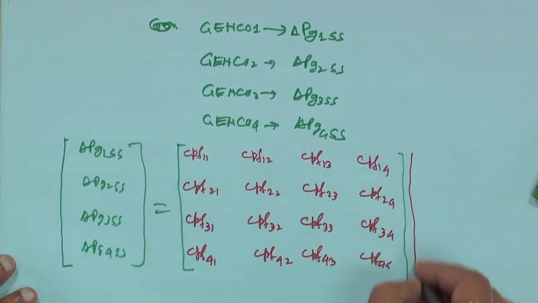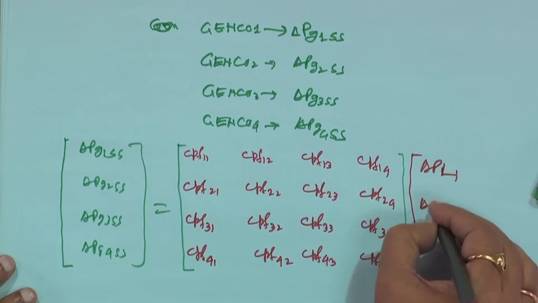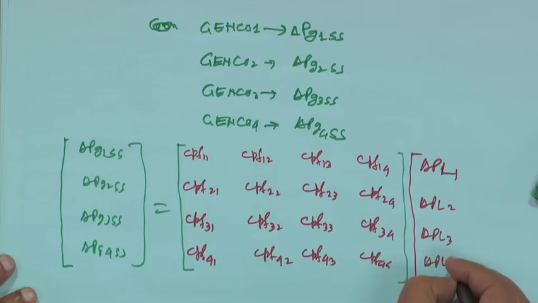Then here it will be delta PL1, delta PL2, delta PL3 and delta PL4.